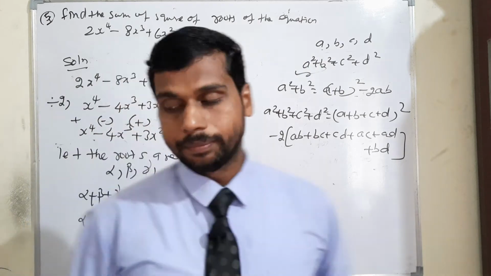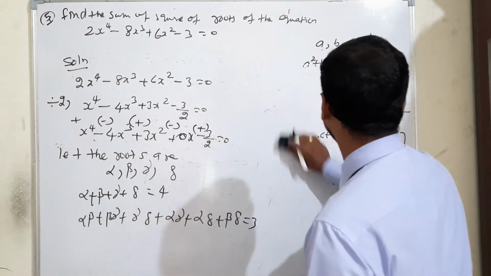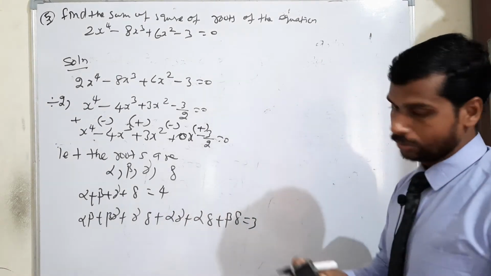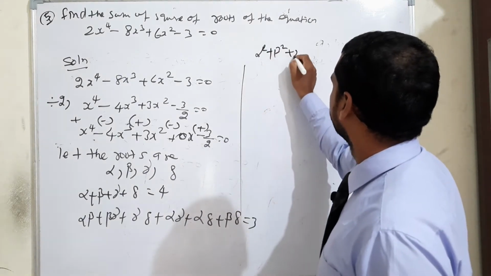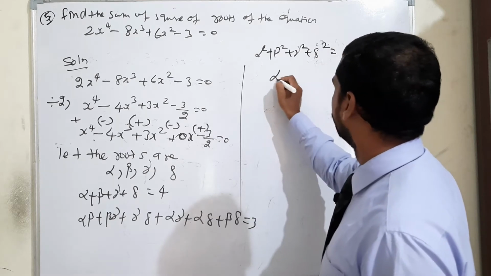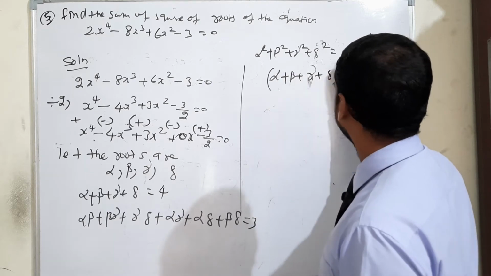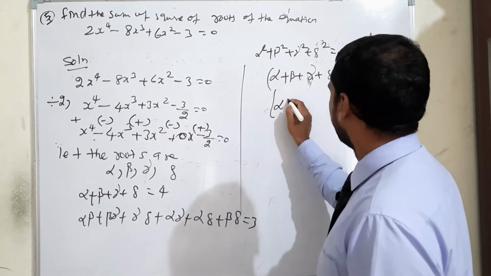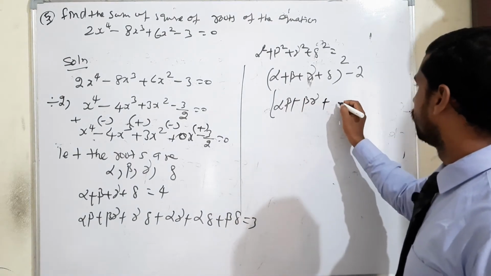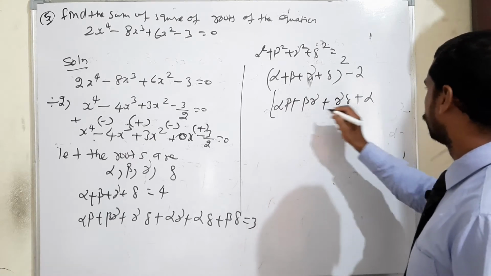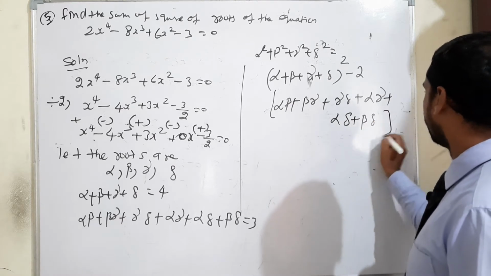Now we can apply the sum of squares according to the question. Alpha square plus beta square plus gamma square plus delta square is equal to (alpha plus beta plus gamma plus delta) the whole square minus 2 of (alpha beta, beta gamma, gamma delta, alpha gamma, alpha delta, beta delta).